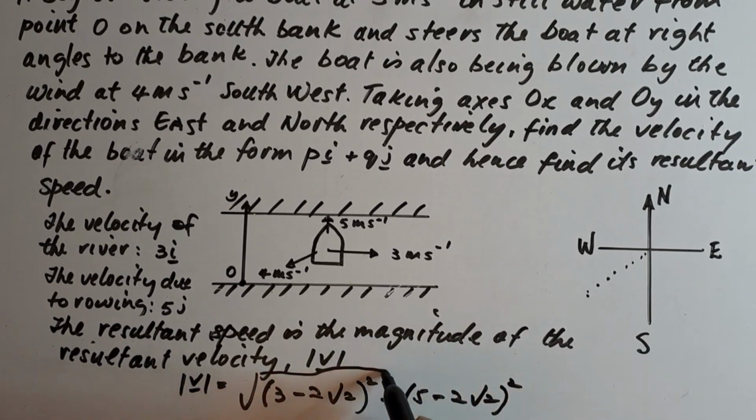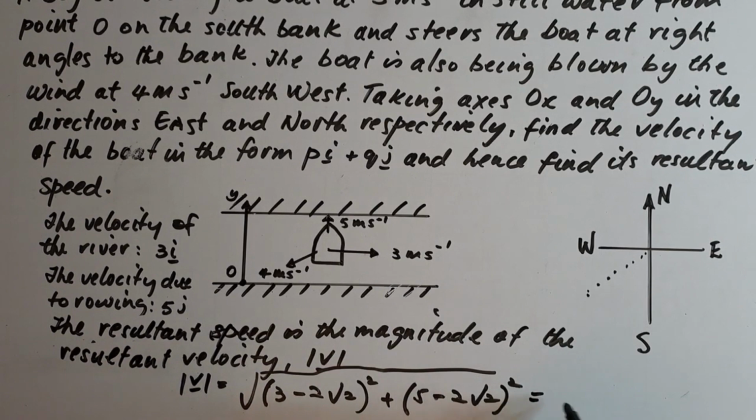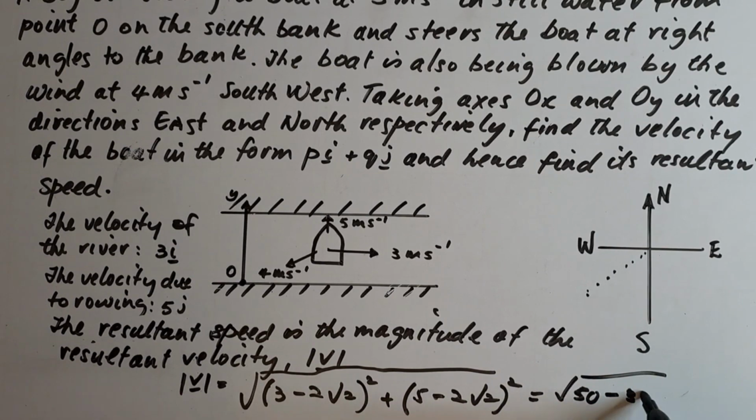And this follows right through. And our final result is root 50 minus 32 root 2.